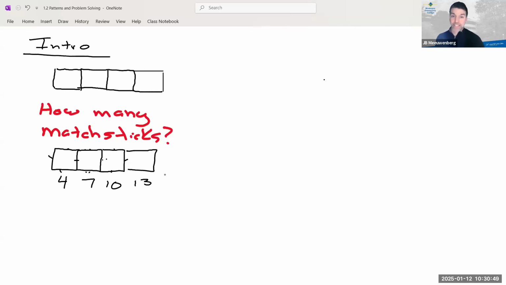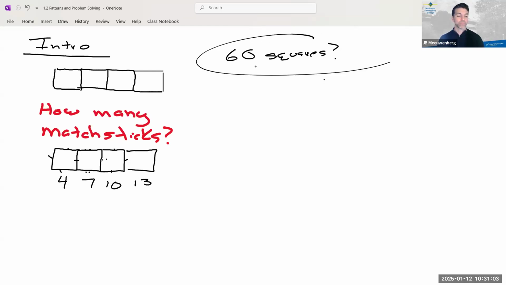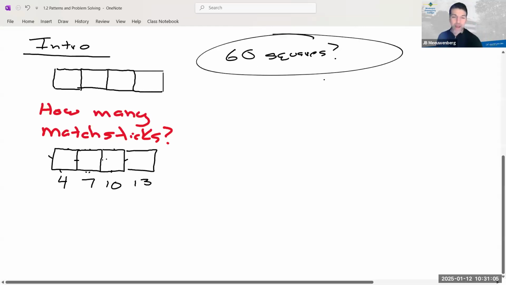So the question that I have for you, again, play with these, use the physical representation, is how many would it take to make 60 squares? And you may not have enough matchsticks or toothpicks to do this. So what you need to really do is come up with some sort of generalized pattern, right?